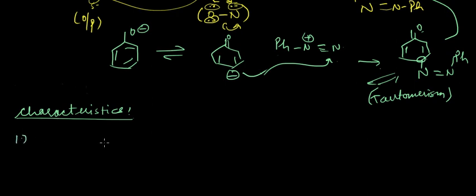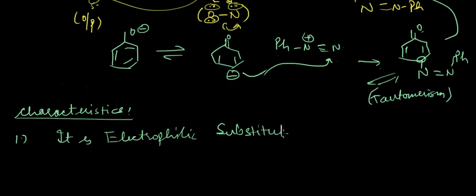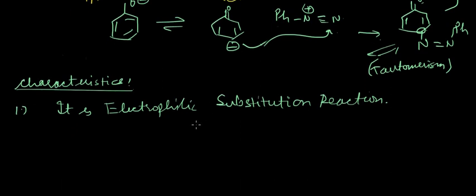So first characteristic is it is an electrophilic substitution reaction, in which negatively charged carbon atom or nitrogen atom with lone pair actually attacks on the electrophile, and the electrophile in this case is diazonium salt.